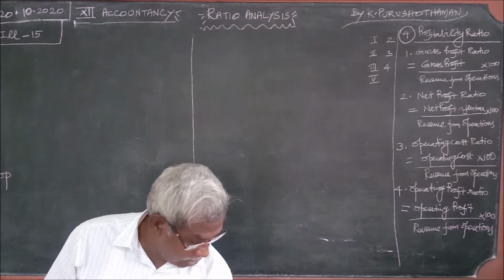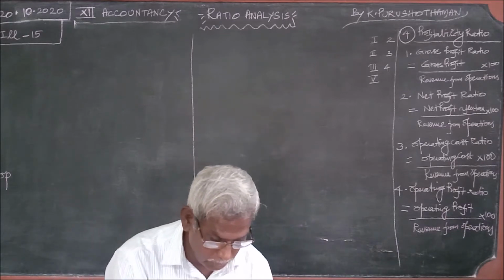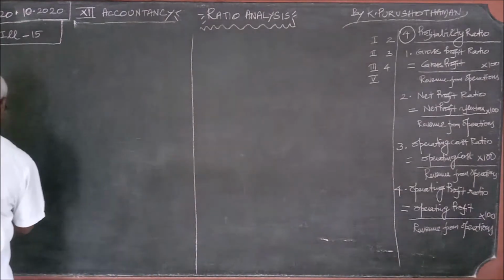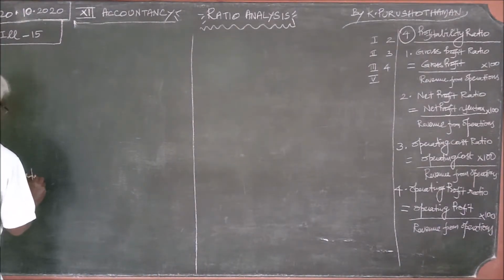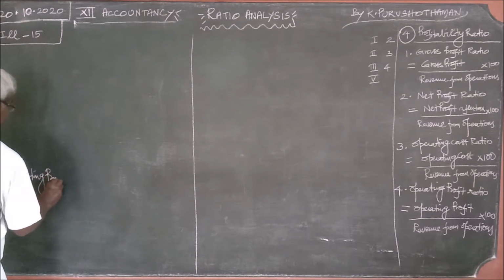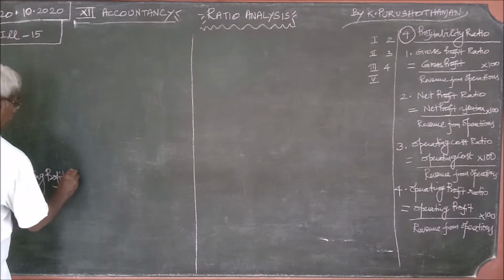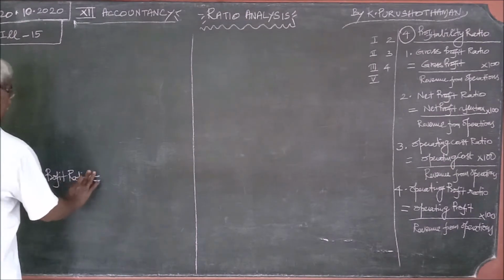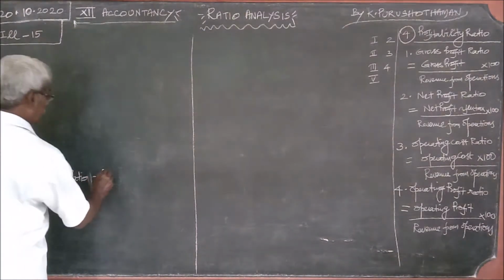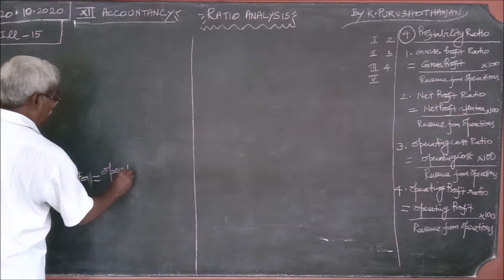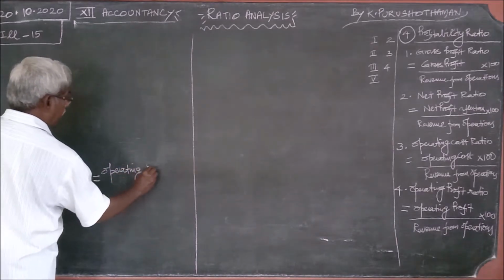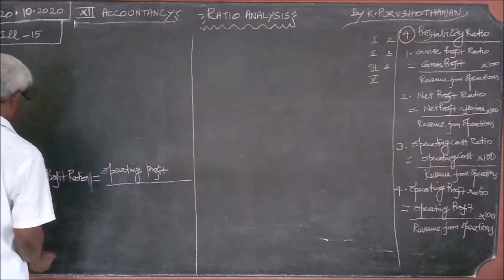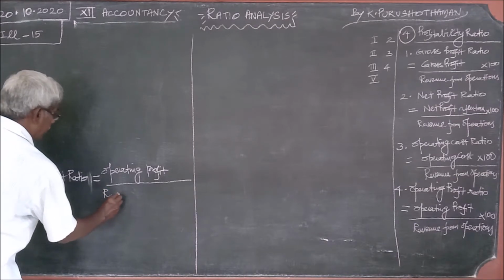Operating profit ratio is equal to operating profit divided by revenue from operations.